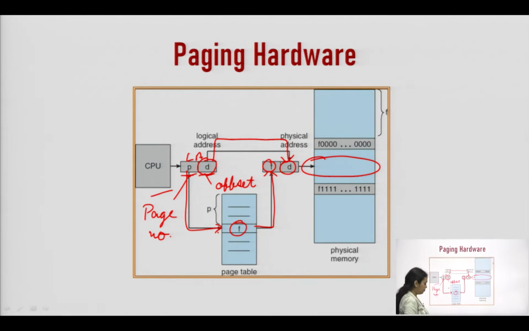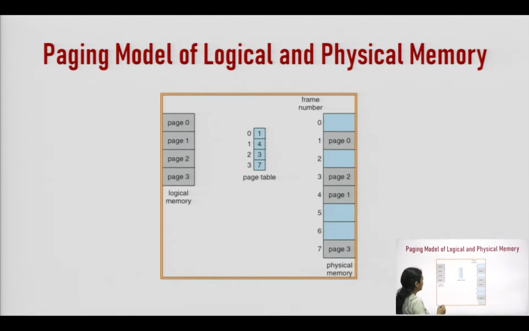Now, for example, here you can see this is our logical memory. Here we have 4 pages, page 0, page 1, page 2 and page 3. Now, this is our page table that gives us an index. What is this telling? Page 0 is located in frame number 1.